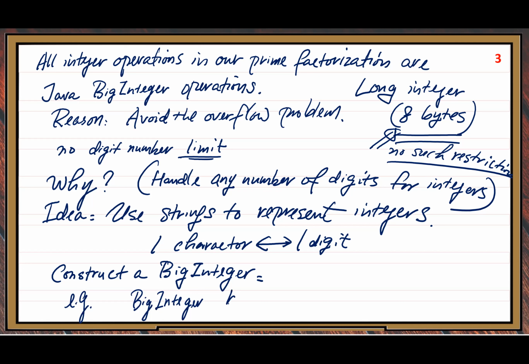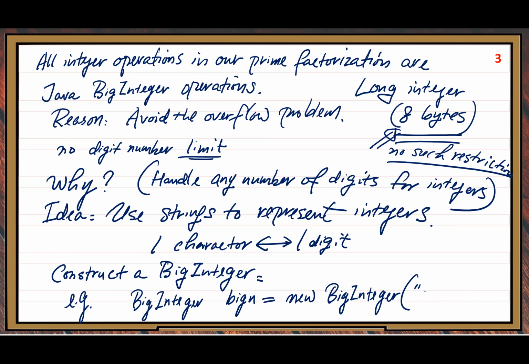Let me call it bigN equals, call constructor new BigInteger, and the parameter we pass to the constructor is a string value.